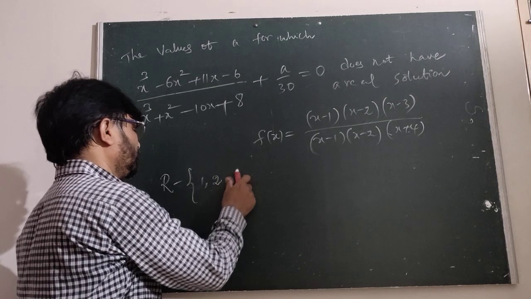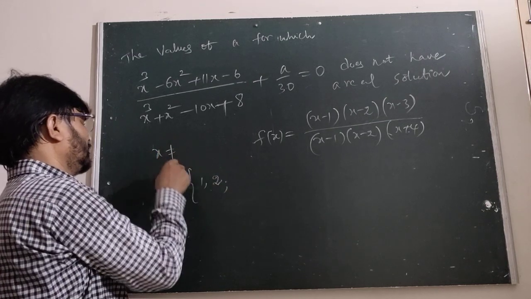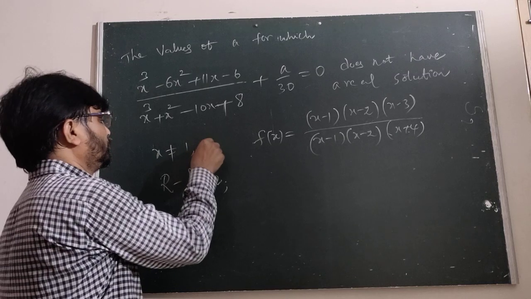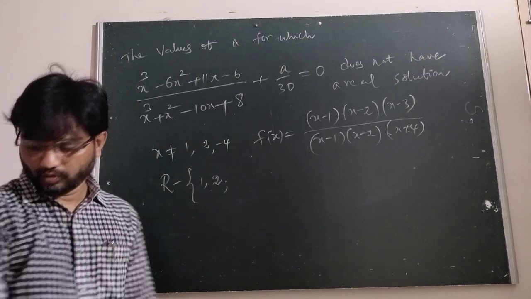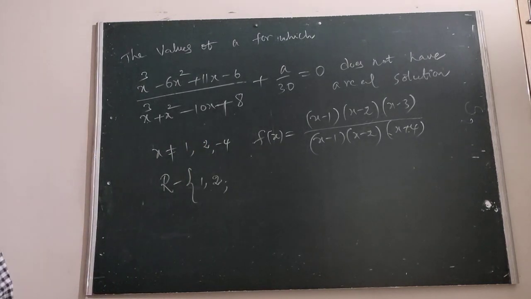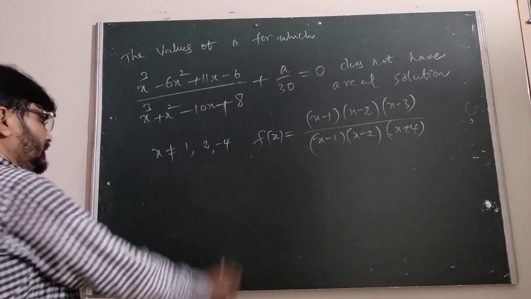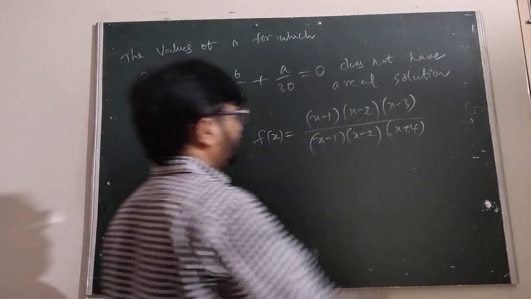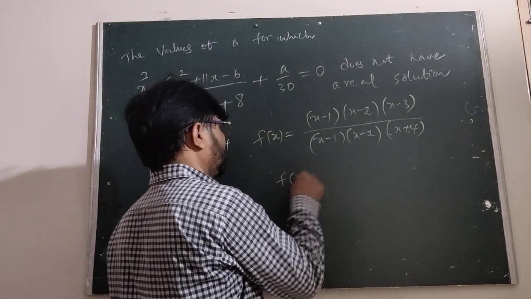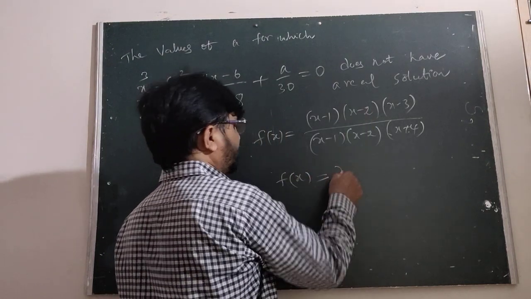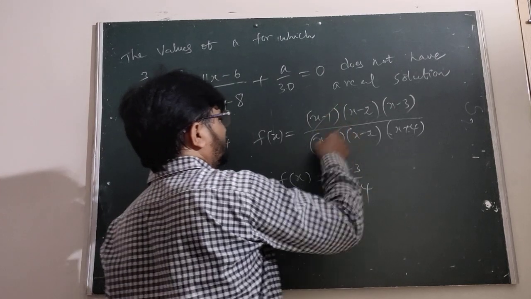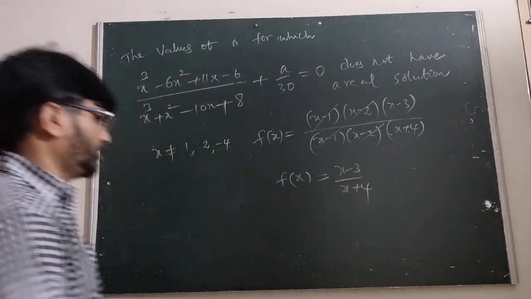Then x is not equal to 1, 2 and minus 4. So now we are finding the range. Where x is not equal to 1, 2 and minus 4, we are getting f of x equal to x minus 3 by x plus 4, as these factors are cancelled.